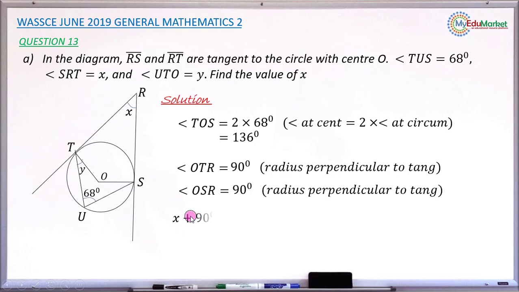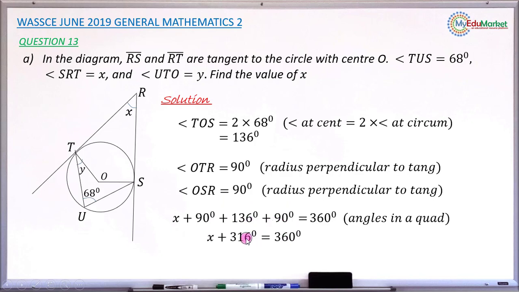Let me just add. So you have angle X plus 90 plus this 136 plus this 90. The result is going to be 360 because they are angles in a quadrilateral. The sum of angles in any quadrilateral gives 360. So collect like terms on the left: 90 plus 136 plus 90 gives 316.